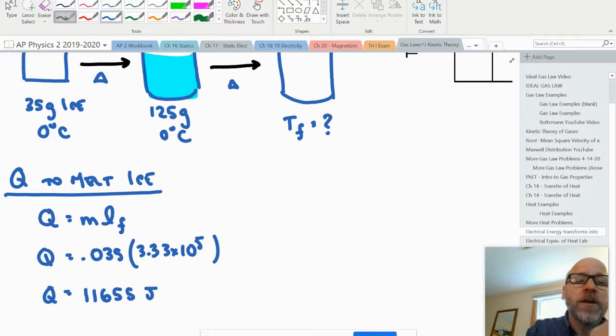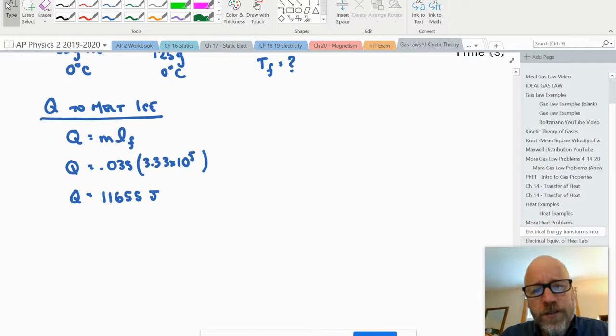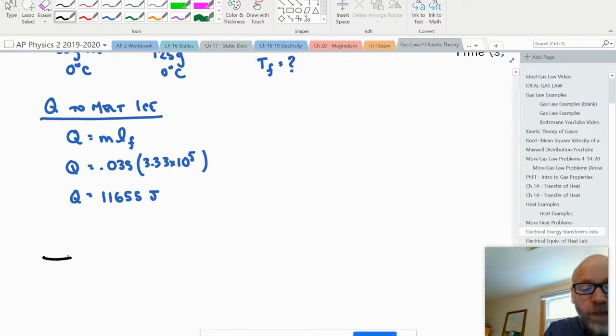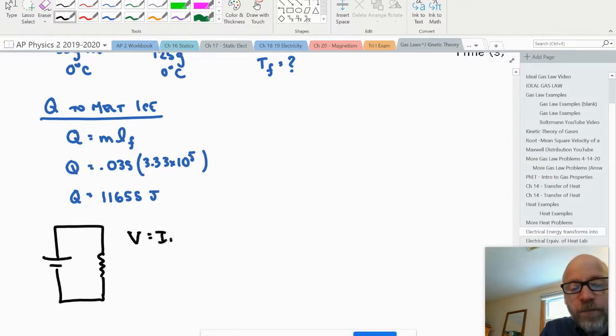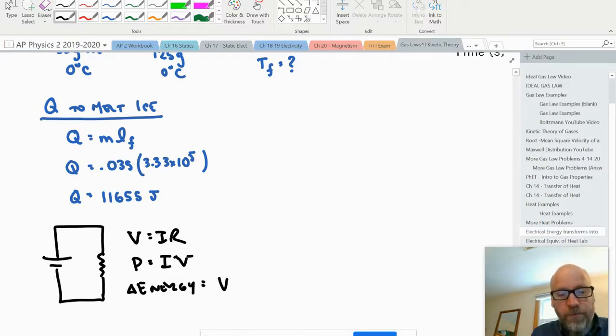Good. What the heck does that have to do with the resistor? Now we have to get into the electrical side of things. How long would it take this system to melt that ice? Now, if I go back and I draw a simple diagram, I know that V equals IR, Ohm's law. I know that power equals IV, and that energy, I'll write it as change in energy right now, you know that's going to be heat. It's going to be IVt.